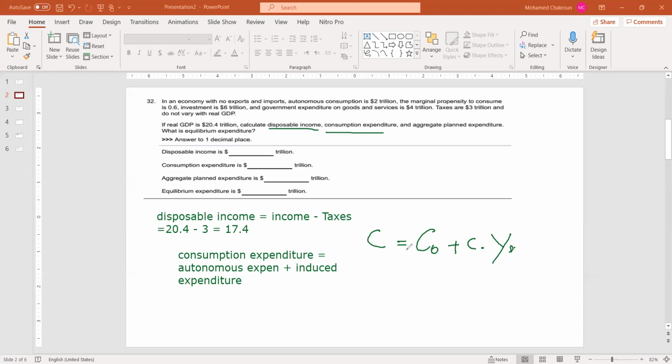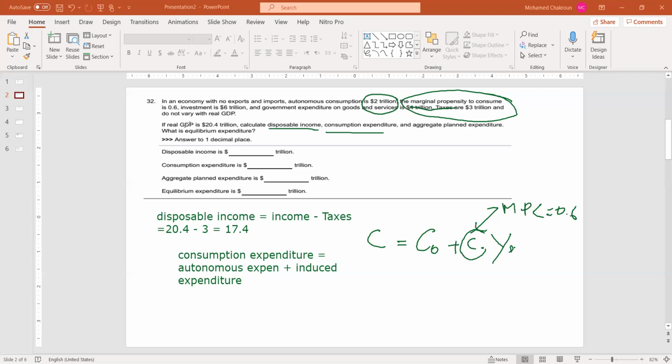So here in the data, we have this autonomous consumption, which is equal to 2. And we have very important information, the marginal propensity to consume. So this is the marginal propensity to consume. And in this example, the marginal propensity to consume is equal to 0.6.